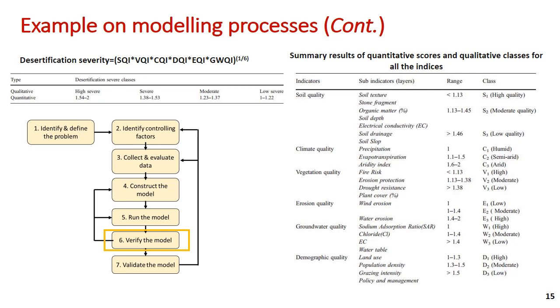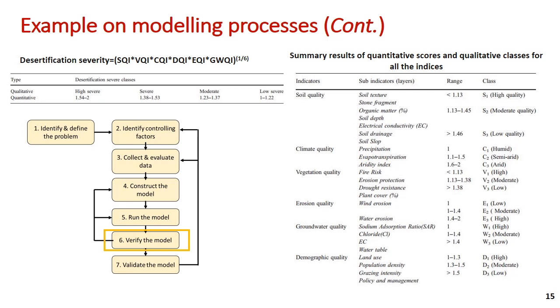So for high severity, it's between 1.5 and 2, and if it is severe, then 1.38 to 1.53, and so on for the rest. Then after getting the data, you would look at whether your data really makes sense or not. So you would look at the data in the table that you got from your model, and ask, does it really make sense?